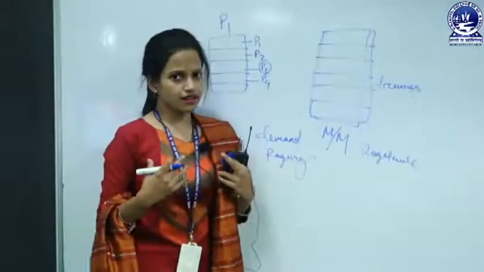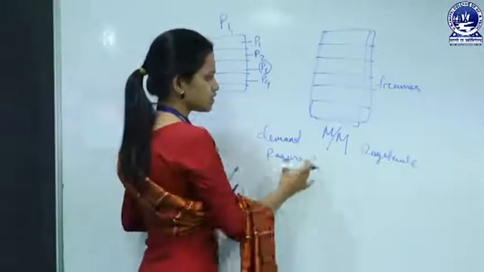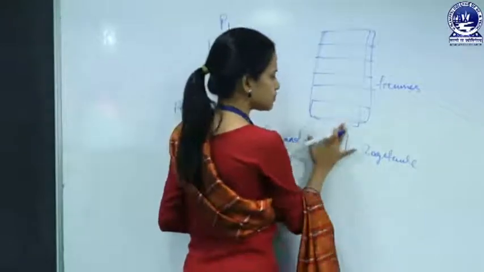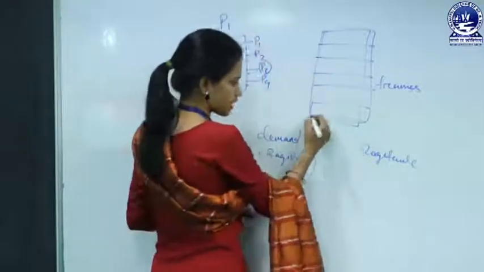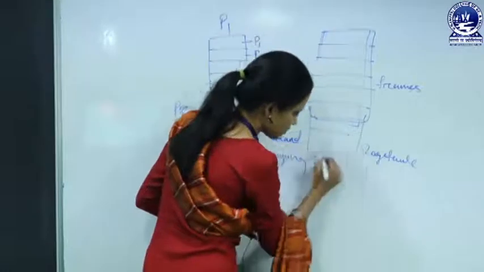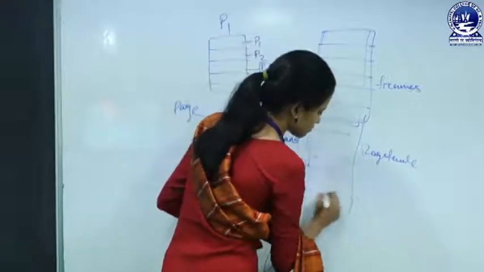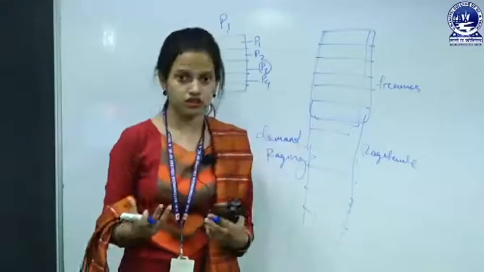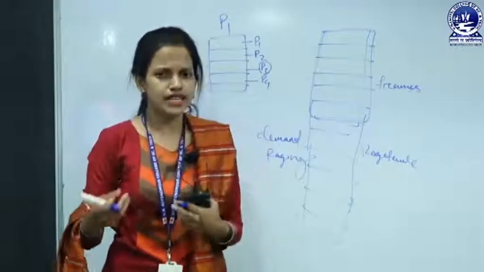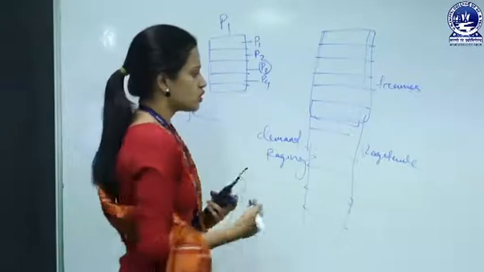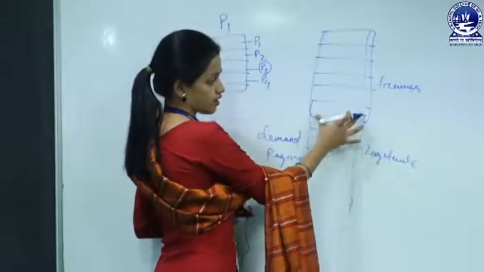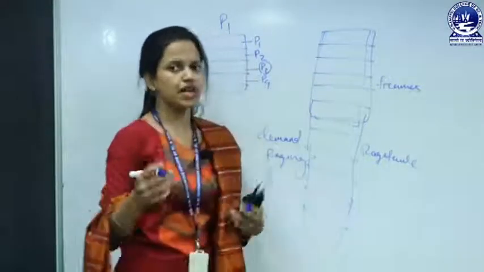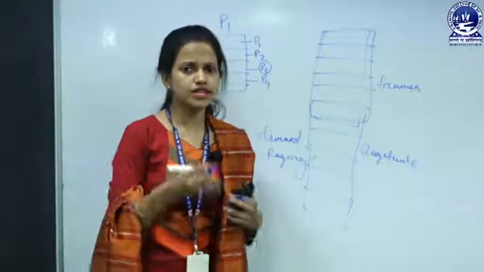The size of the main memory is limited, we know. If I increase the main memory size and ask you what would happen to the page fault, would it decrease or increase?